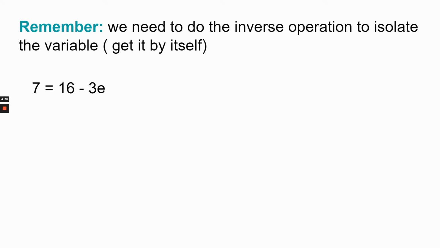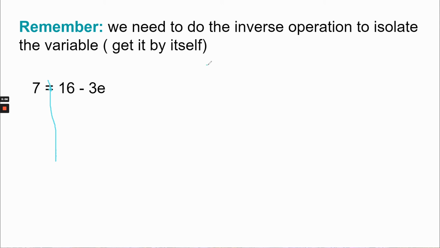Okay, one final example. This one says 7 equals 16 minus 3e. This one's a little bit different because the e is on the other side. One thing that's important to remember when you're solving equations is that the signs come in front of a number.